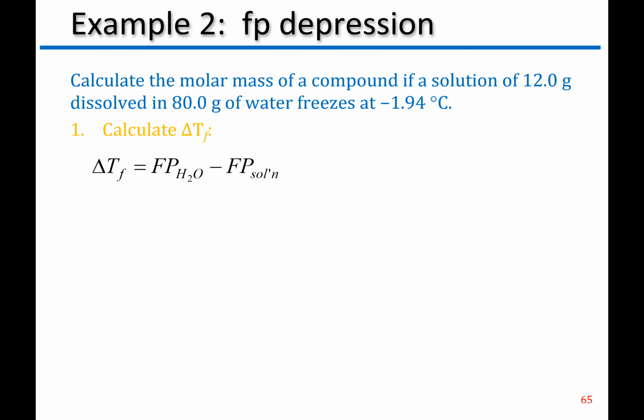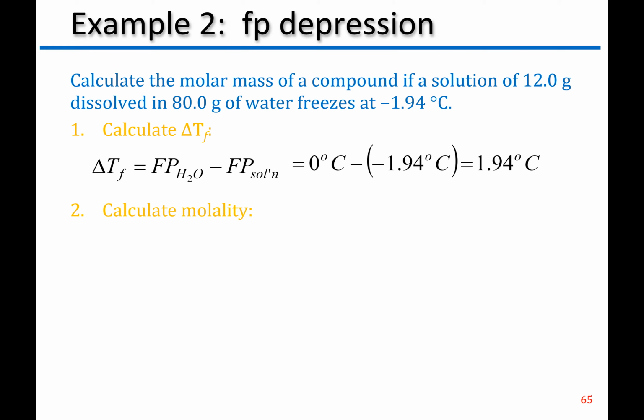Okay, so they tell us our freezing point is minus 1.94 degrees C. So to undo this, we know that our original freezing point of water is 0 degrees C, so 0 minus minus 1.94 degrees C gives us a delta T of 1.94 degrees C. And of course for water, that's a pretty easy calculation in your head, but when it comes to things that aren't water, you'll need to do this calculation for sure.